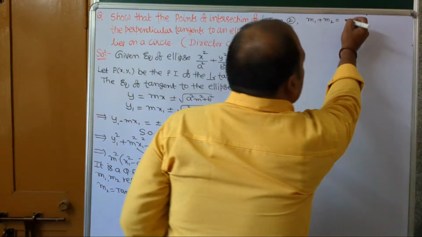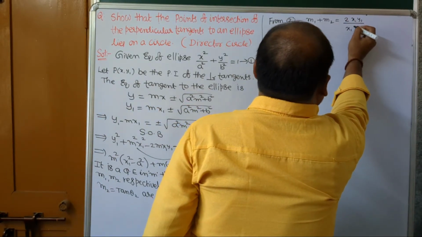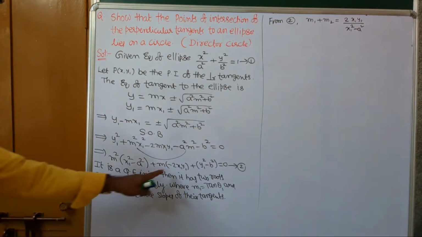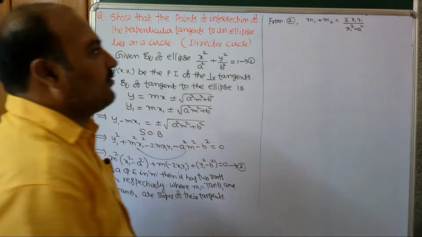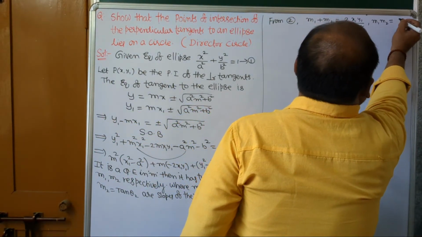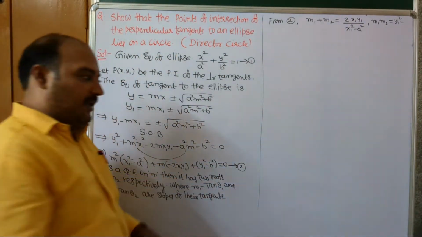So, minus of minus 2x1 y1 divided by x1 square minus a square, minus b by a. And m1 m2, product of the slopes, is y1 square minus b square, c by a.